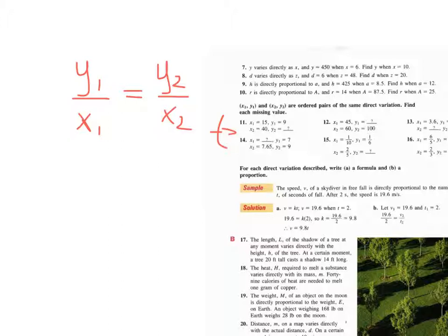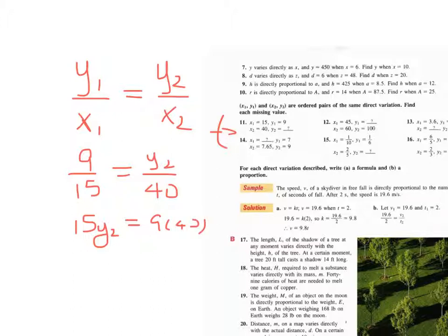So here I'm going to put in 9 over 15. And then I don't know the y2, but I know the x2. Then I'll cross multiply and divide. This is one way you can do it. You would get 15y2 equals 9 times 40. 15y2 is 360. Divide it, and that'll be your answer.